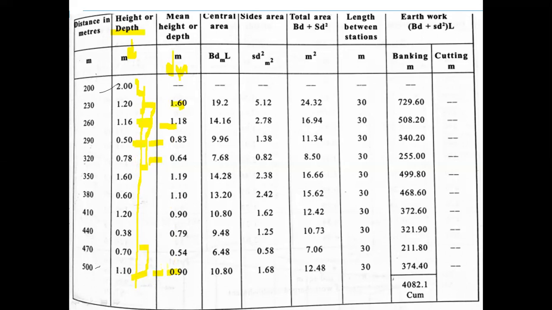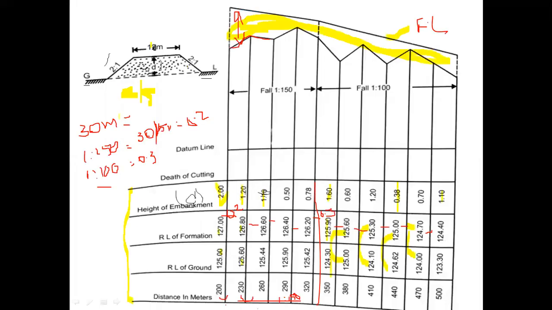Next one, central area. Central area means the rectangular portion, this portion. The formula is B into dm. This is the area. B is the base 10, and dm is the mean depth.